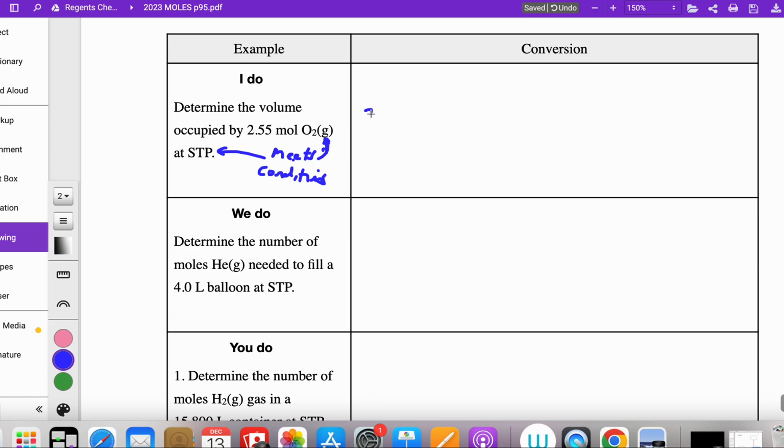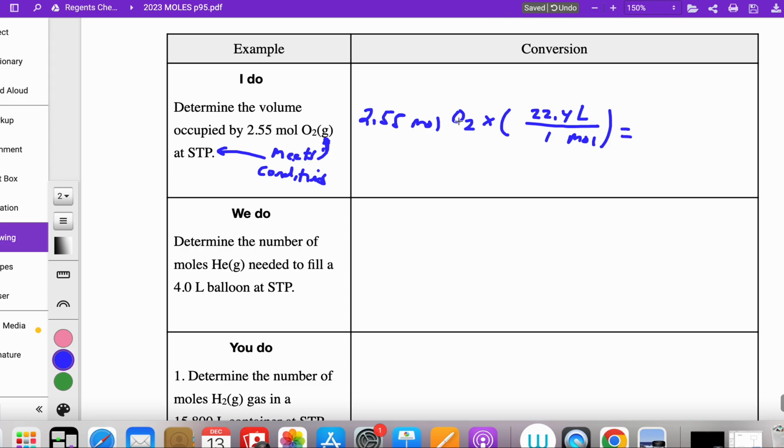So setting this up, I have 2.55 moles of O2, and I want to convert those moles of this gas to liters and be able to cross off the moles. 1 mole of any gas being held at STP will occupy 22.4 liters.